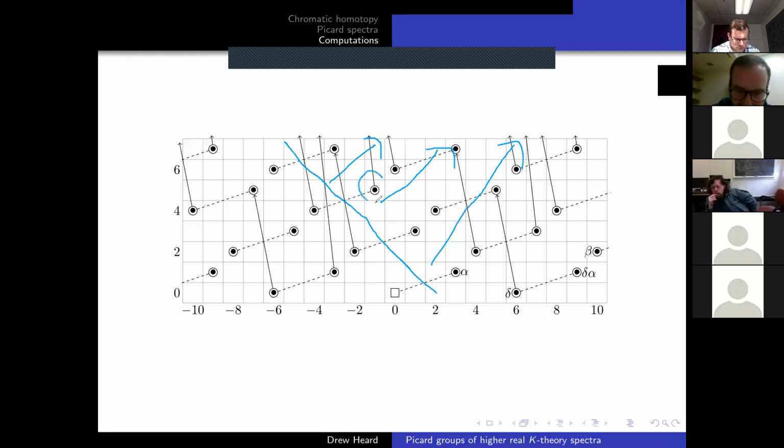So this class here will move into the 0 stem, and so this will be a possible contributor to the Picard group. And this class is one to remember. I'll call it E1. It'll come up later.